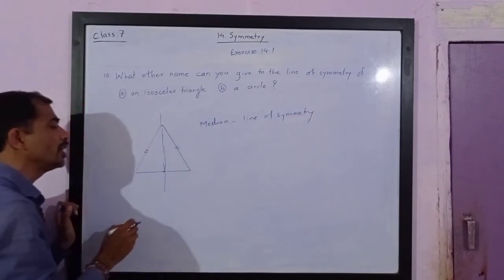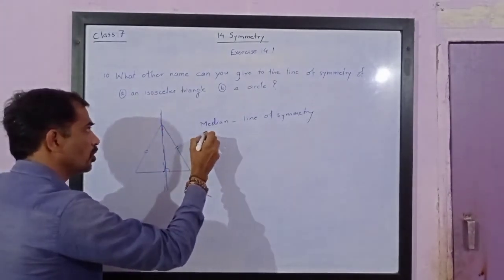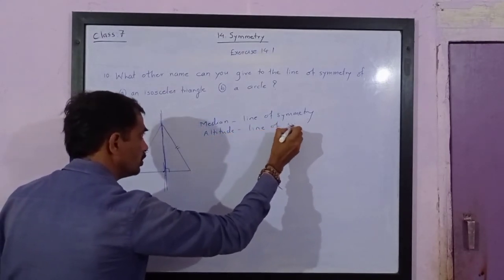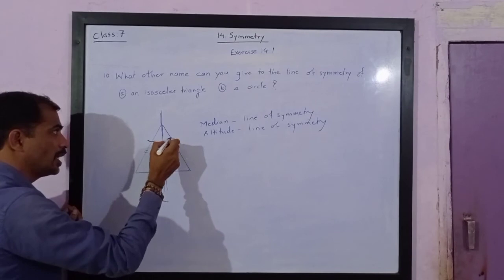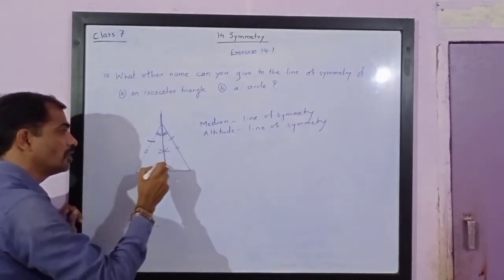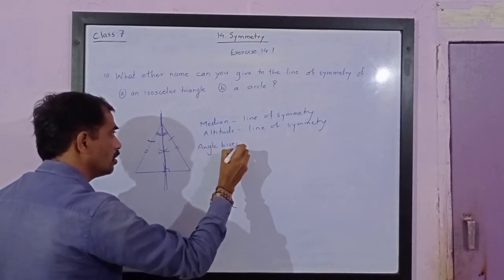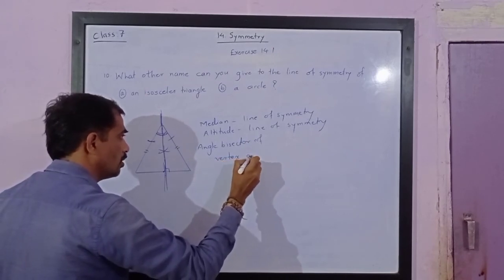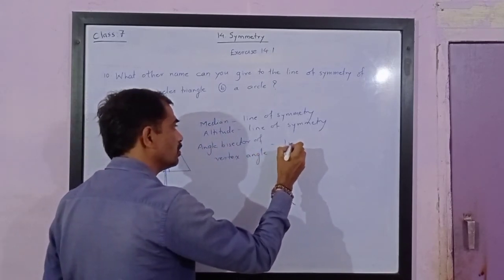Please note, if you take the altitude, that is the height of this triangle, that is always perpendicular, then also you will get a line of symmetry for an isosceles triangle. Or if you bisect the vertex angle, you will notice that the angle bisector of the vertex angle, or non-congruent angle, is also a line of symmetry.